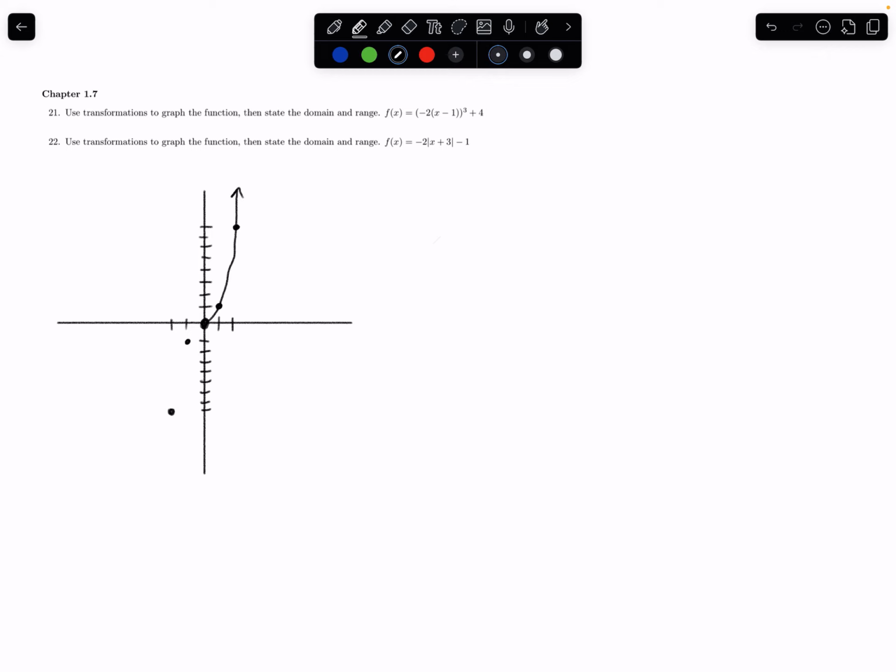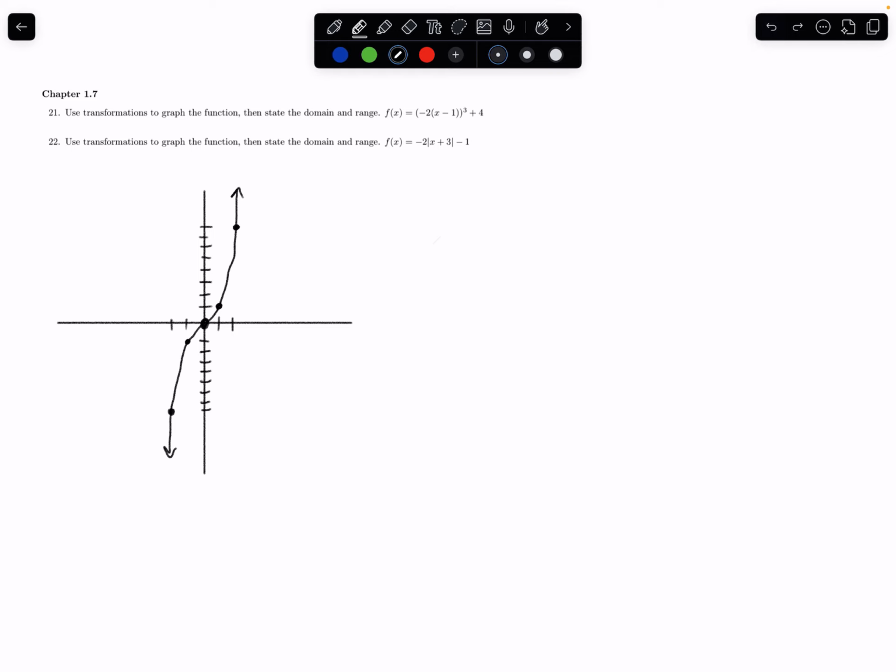And then we're just going to apply the transformations to the original. Let's look at what's going on here. This is the transformed version, right? So remember my recommendation when graphing these: find your starting point. The starting point would be the origin here. The -1 close to the x means it moves 1 to the right.